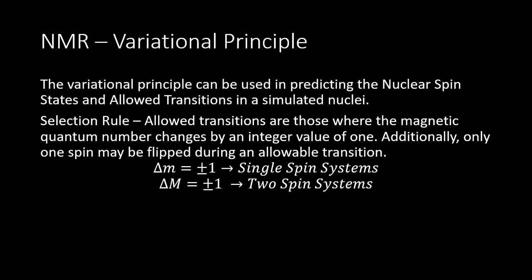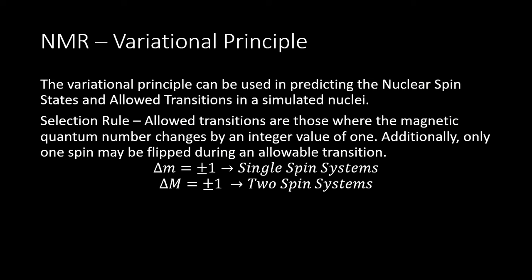Where this can be used for our nuclear magnetic resonance spectroscopy is that instead of looking at typical electrons, we can instead look at the nuclear spin states for the nuclei of atoms or the atoms in a molecule, as well as looking at suitable allowable transitions in those spin states to eventually simulate NMR spectra.